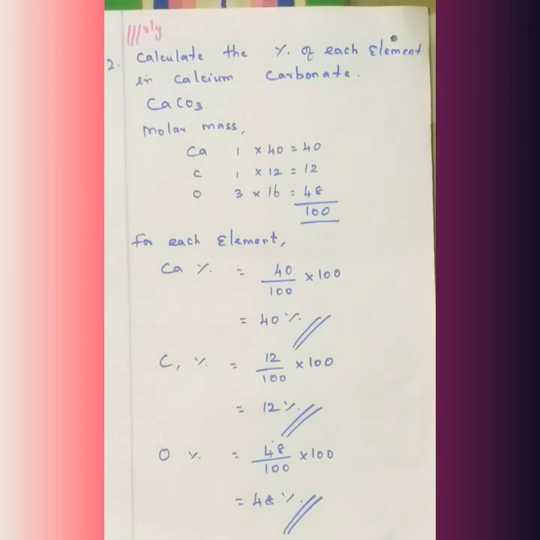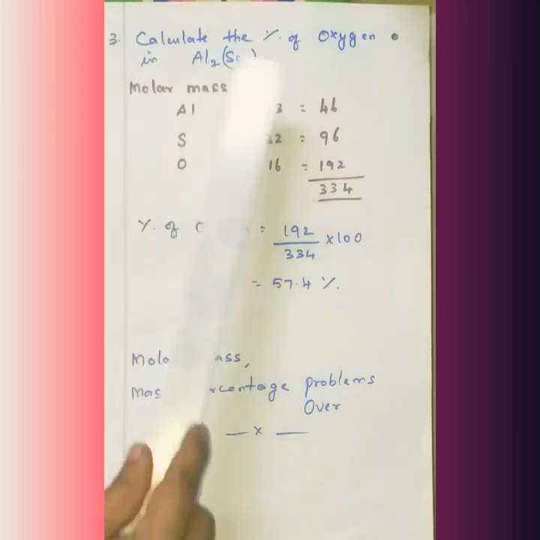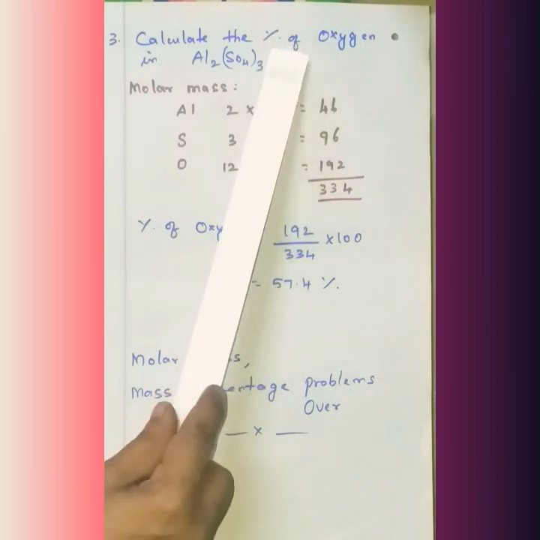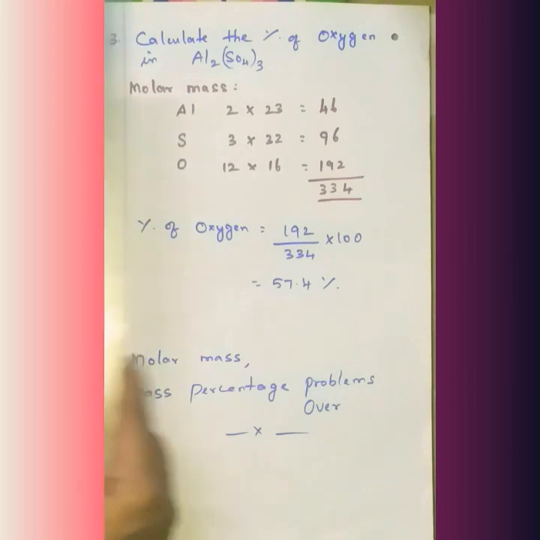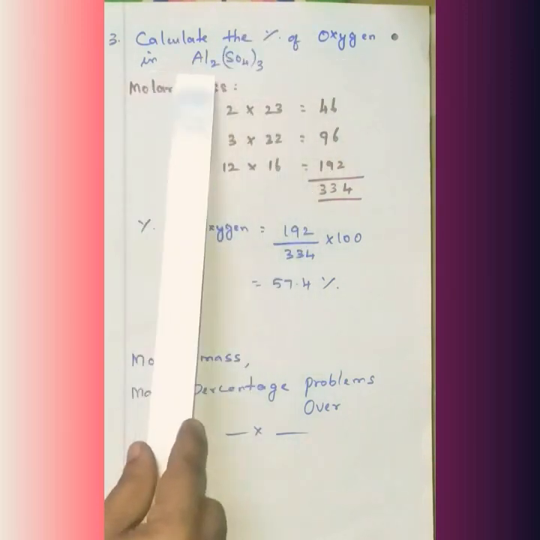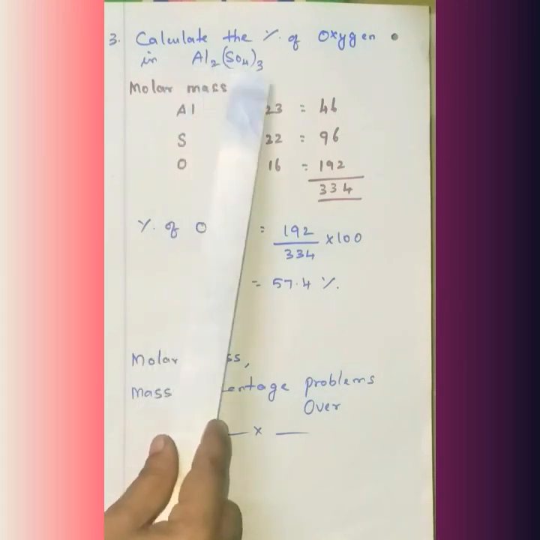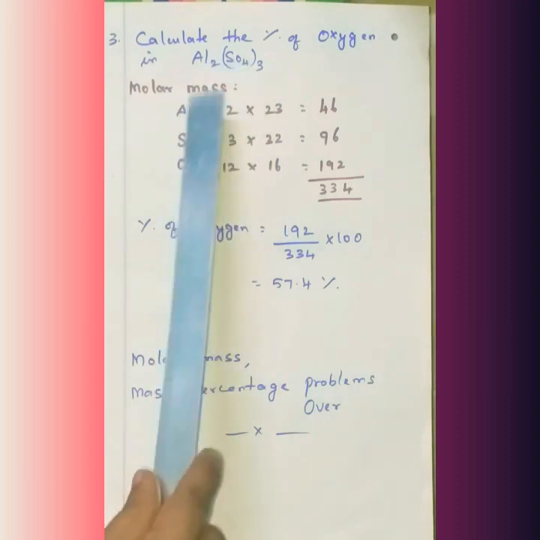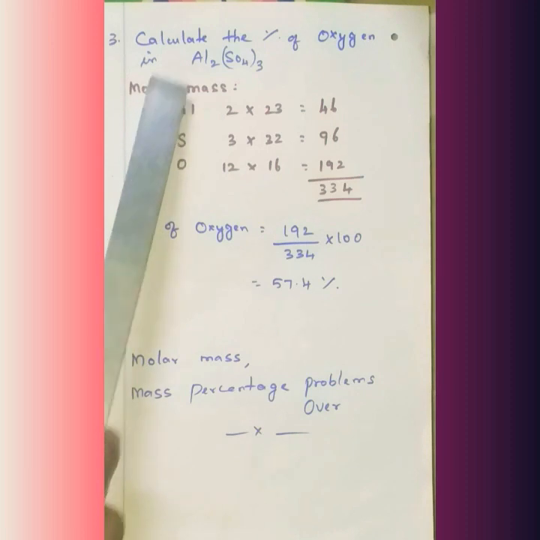Now the third problem based on mass percentage. Calculate the percentage of oxygen. Here only the percentage of oxygen alone is asked. Sometimes all the elements may be asked. So percentage of oxygen in aluminium sulfate, formula Al2(SO4)3. First we have to find the molar mass. Aluminium Al, sulfur S, oxygen O. How many aluminium are there? 2.